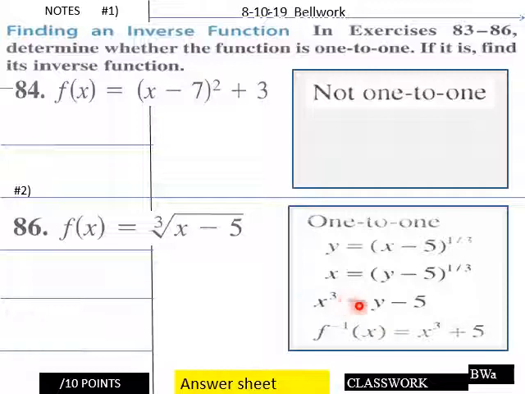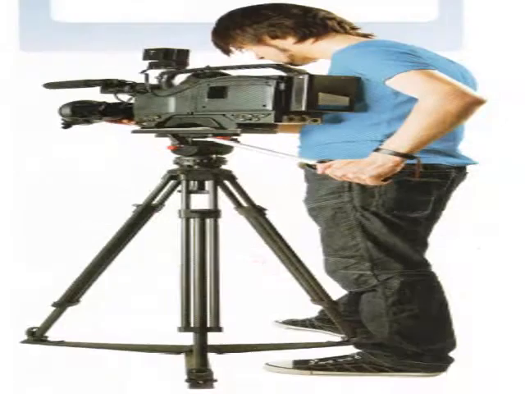You get x cubed equals y minus 5, and then you take the inverse of that, and you get x cubed plus 5. That would be the inverse function of f of x.